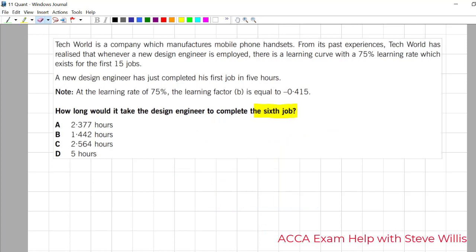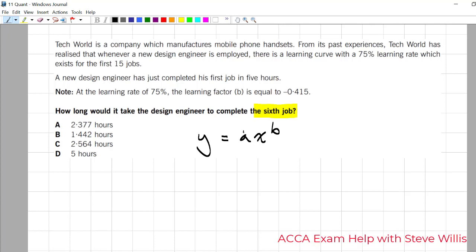So we're going to need to deploy the formula. This is one of the few formulas they give us in the formula page. That is y is equal to ax to the power of b. Look at this. We have some exponential growth happening. So y is the average time per unit when we're making the number of units.